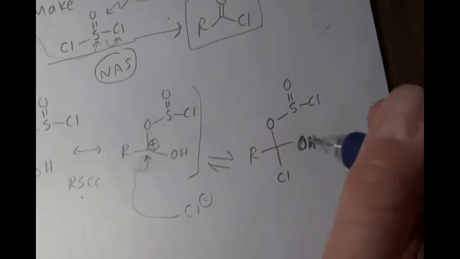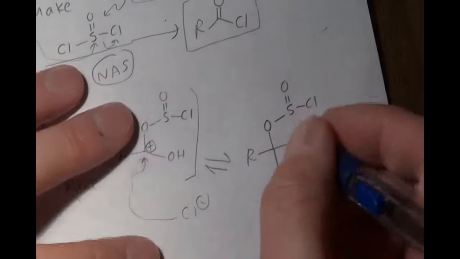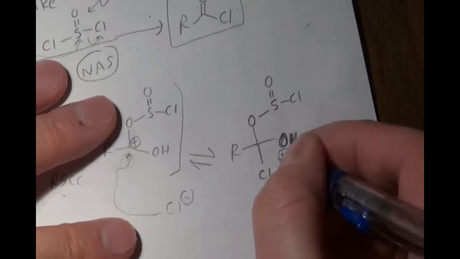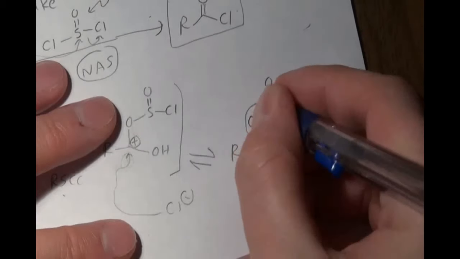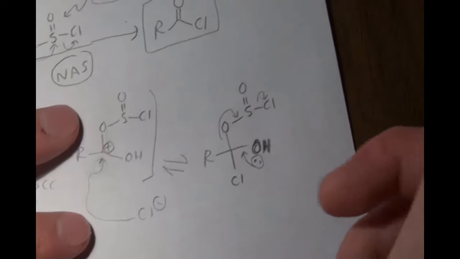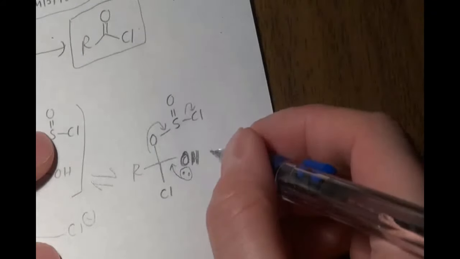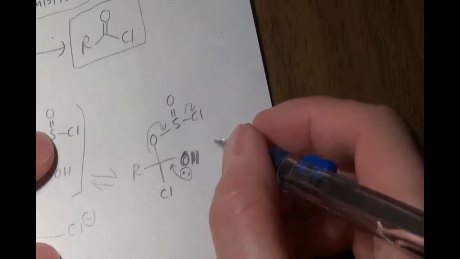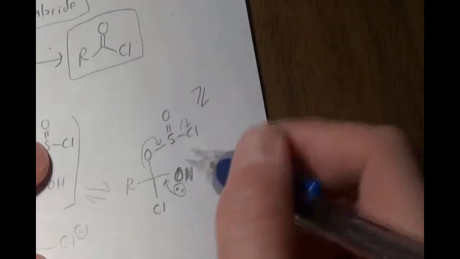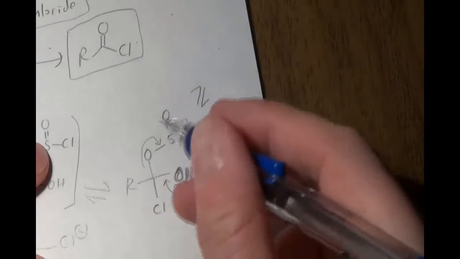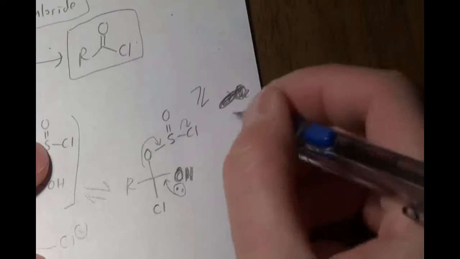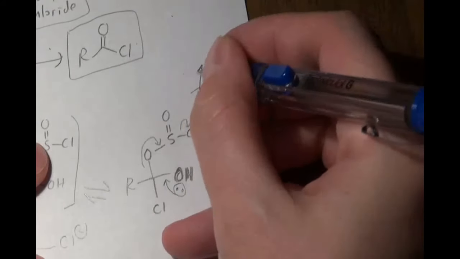So now we have this, and now it's actually very simple. Oxygen swings in, kicks everything off, and that gives you the acid chloride. Okay, so oxygen kicks everything off and makes SO2 goes away. Let's draw it up here.